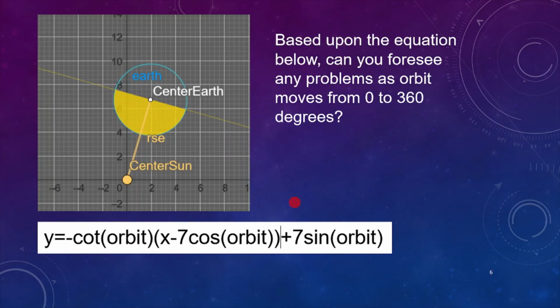Now, before we go, based upon the equation below, can you foresee any problems as the angle orbit moves from 0 to 360 degrees using this equation, which we put in as an inequality? We'll see next time.